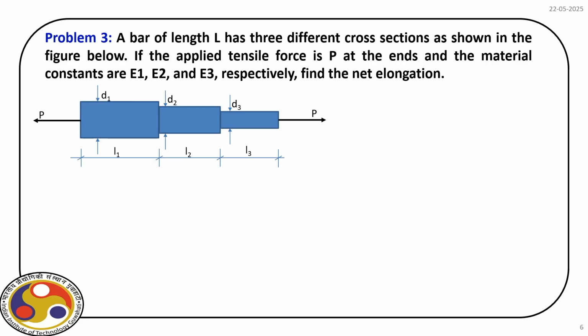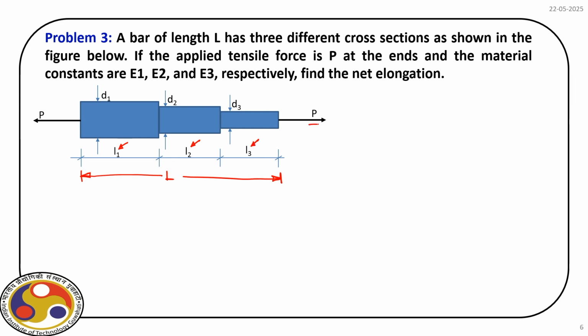It says a bar of length L has 3 different cross sections. So, you can see the total length of the bar is capital L. Now, it has 3 different cross sections with different diameters D1, D2 and D3, and the respective lengths of the sections are also given, L1, L2, L3.